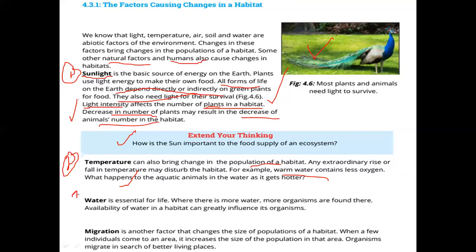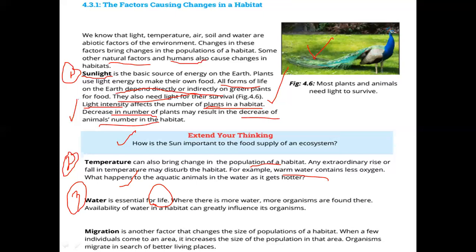The next very important factor is water, which is very essential for life, because every living organism is formed by water. So life depends on water.